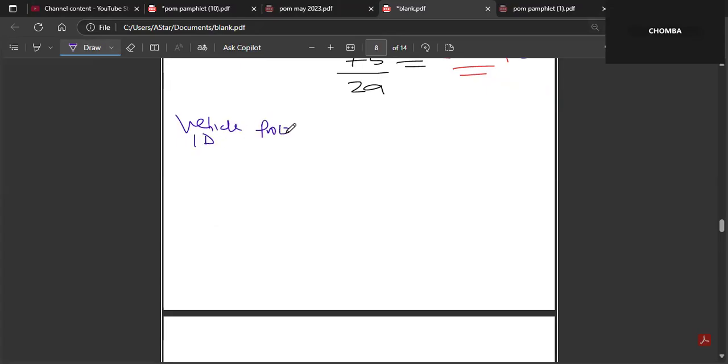So what would be the vehicle ID? Then you say processing time, due date, flow time, and job lateness.